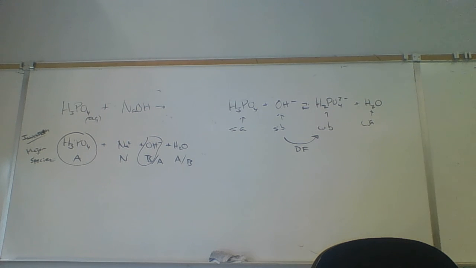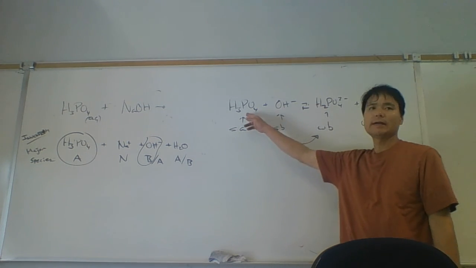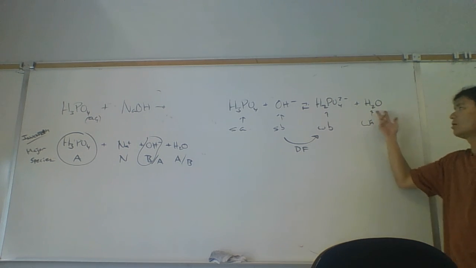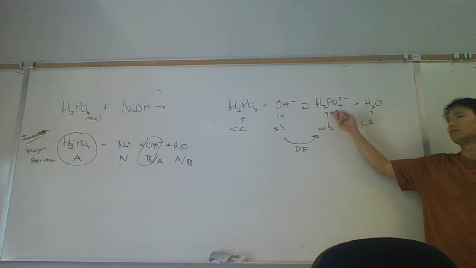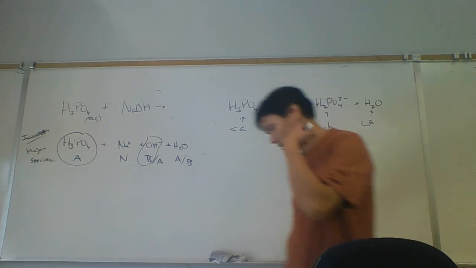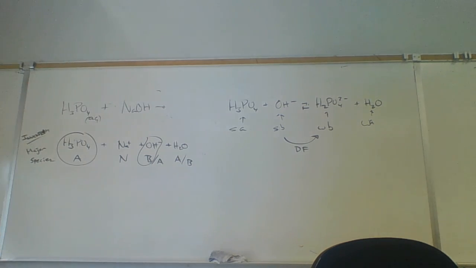In fact, when we did the metathesis, we reacted all three hydrogens, and we ended up forming 3 waters and phosphate rather than dihydrogen or monohydrogen phosphate. Phosphate. But this is the Bronsted approach, and we'll leave it at that. Okay, we'll take a break and then we'll try this next one here.